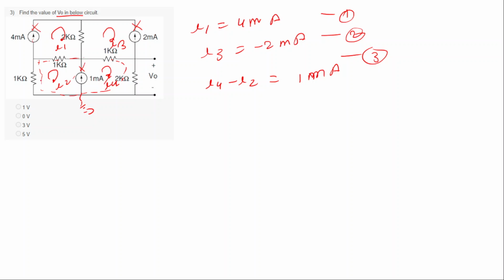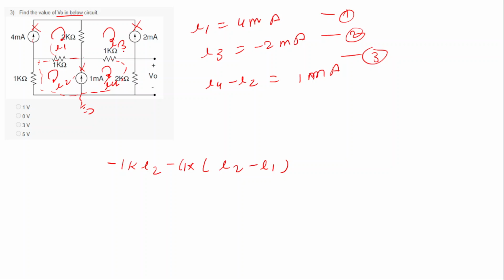Now we'll start moving. In this direction the potential drop is 1k times I2, so minus 1k times I2. Then this mesh is forcing I2 and the other is forcing I1, so the direction is reversed, giving minus 1k times (I2 minus I1).